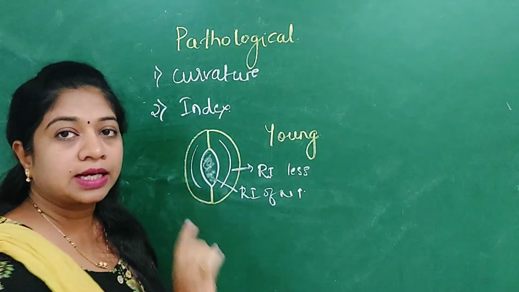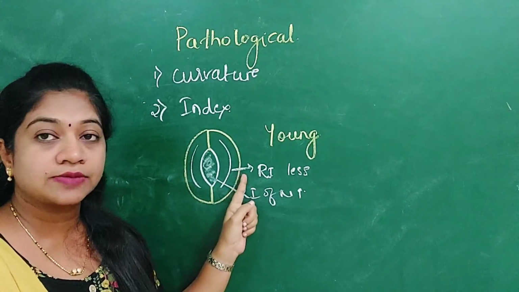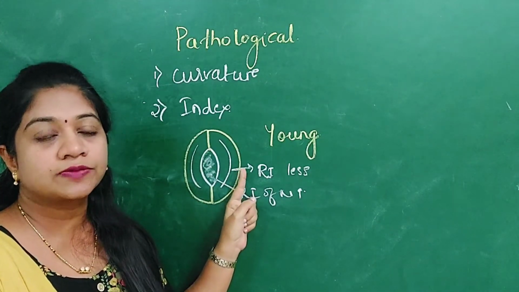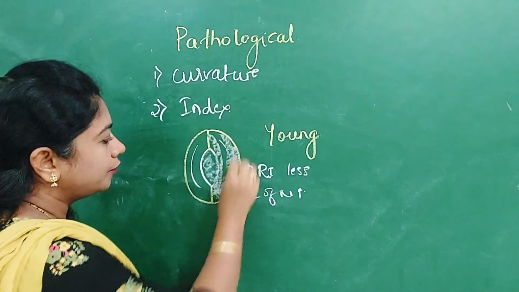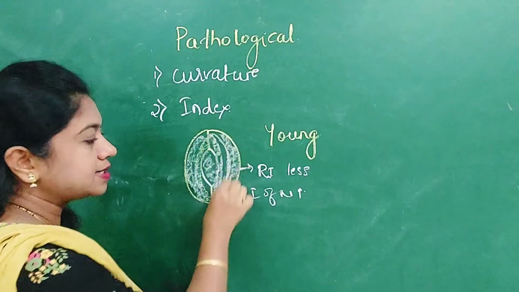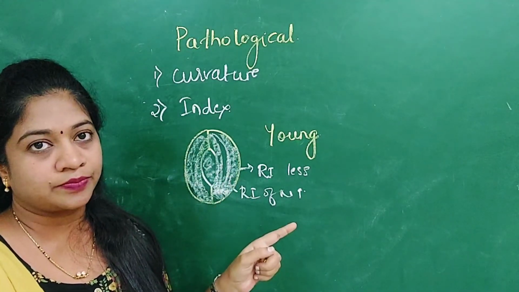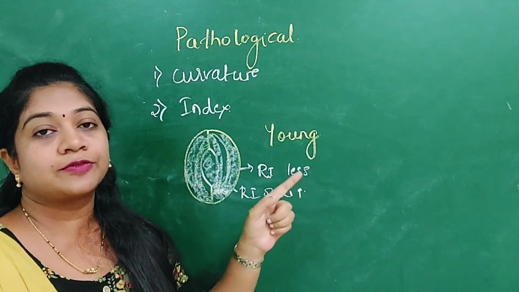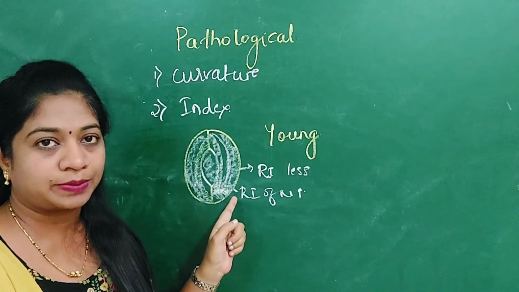So ultimately the converging power of the lens was more. But as we age, the refractive index of the cortex increases because of cortical sclerosis. So it becomes like a uniform lens. So it acts as a single lens. So the converging power of the lens is decreased. So the light rays are getting focused behind the retina. So this is the mechanism of index hypermetropia.